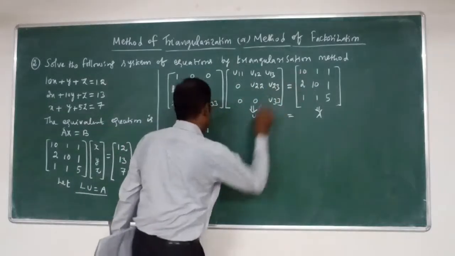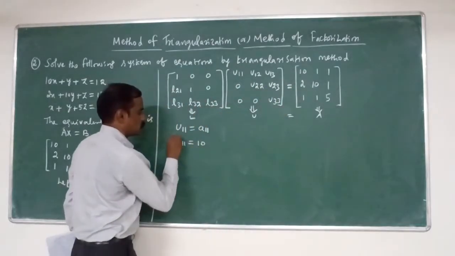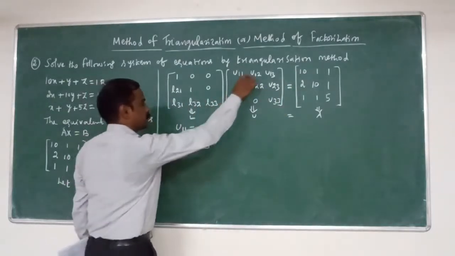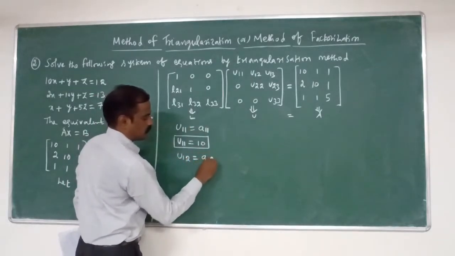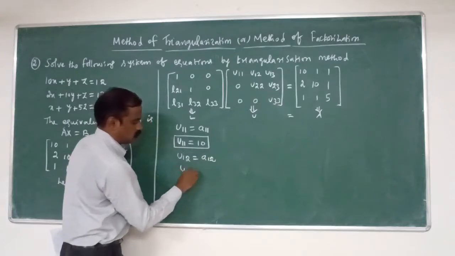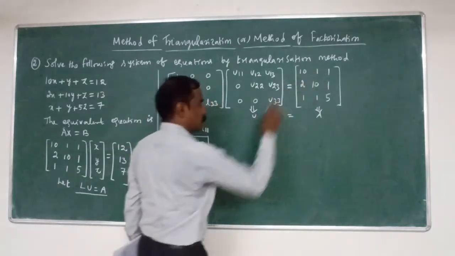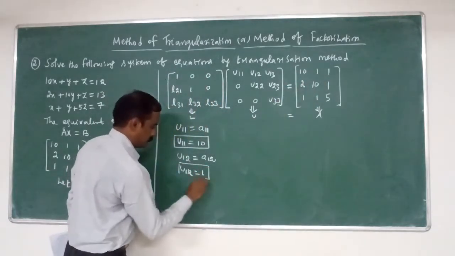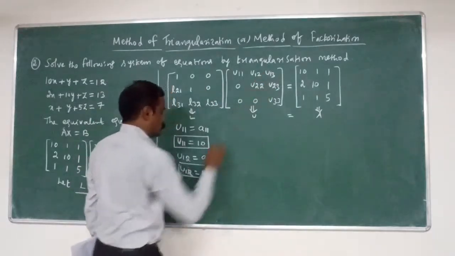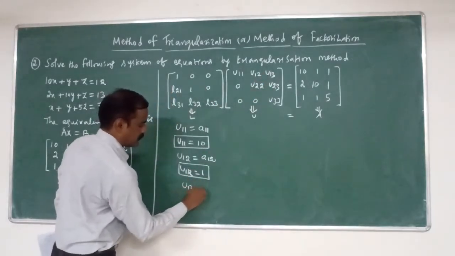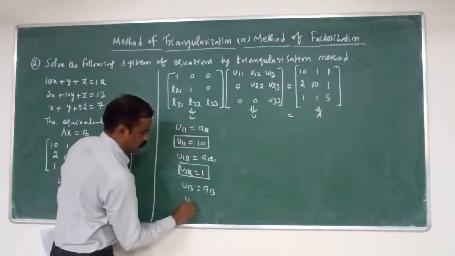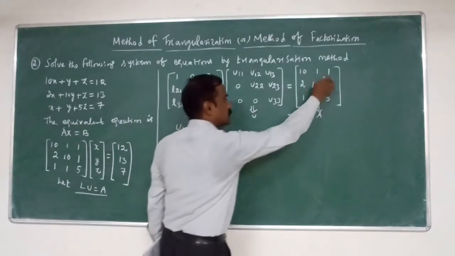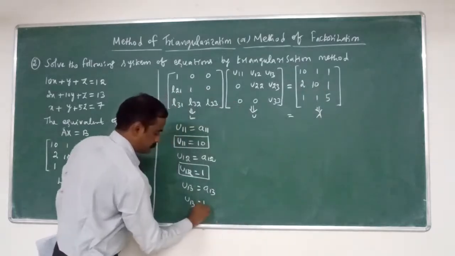Now A11 value is 10, so U11 equal to 10. Next U12 equal to A12, value 1. Next U13 equal to A13, value 1.